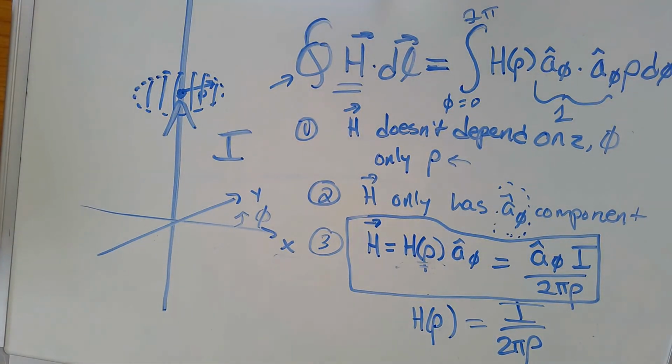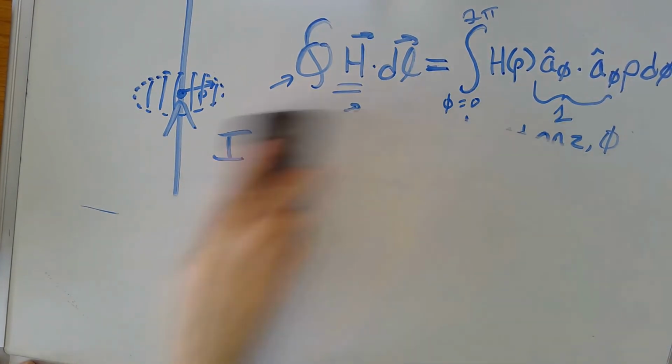So just to really lay out explicitly what we have done in practice here, I'm going to tell you what are the requirements for choosing your Amperian path. All right, so we're choosing this closed path, and the rules for it are very similar to the rules for choosing your Gaussian surface when you're applying Gauss's law, but obviously it's a closed path rather than a closed surface. So here are the rules.